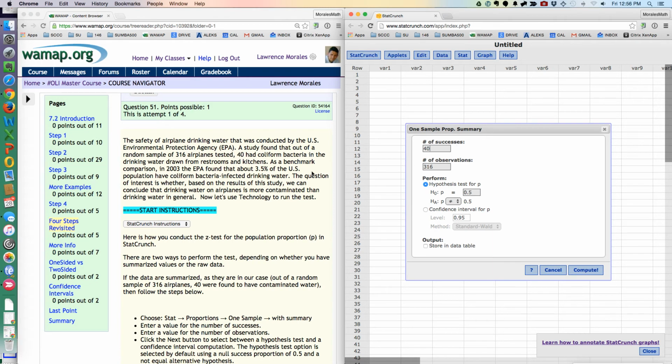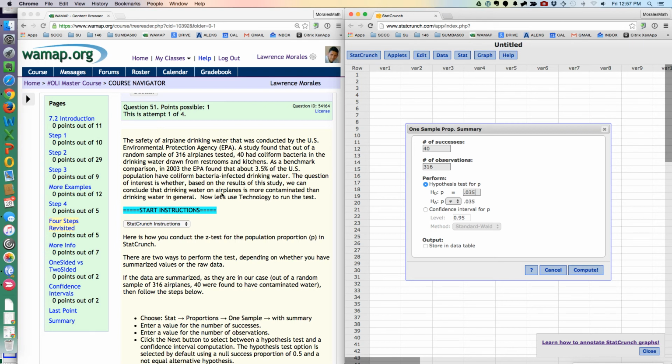Okay, now we're trying to test whether or not this particular sample has a proportion that's greater than the general population. And the general population is said to have a 3.5% rate of contamination. So we're basically saying, let's assume for the null hypothesis that there's nothing out of the ordinary going on here. So our proportion here is going to be 3.5% or 0.035 when we convert it to a decimal.